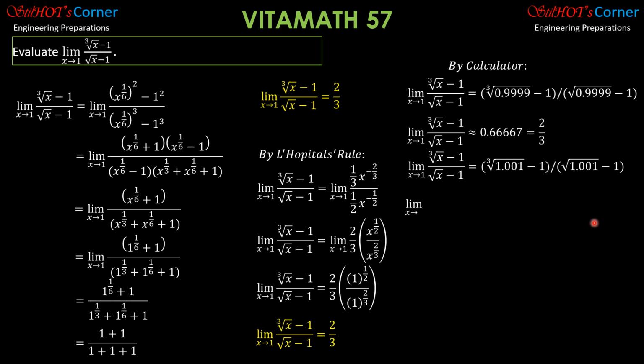Using the calculator, the value is 0.66666, and that's about 2/3. So the left hand and the right hand limits are equal. Therefore, the limit exists and it is equal to 2/3.